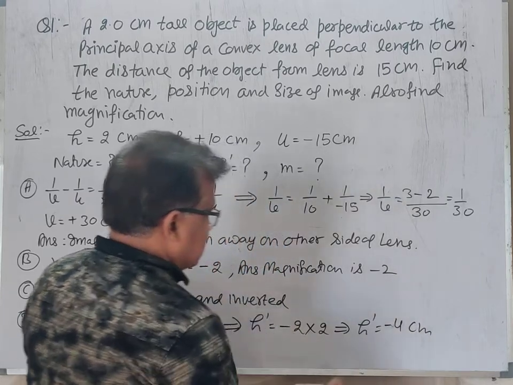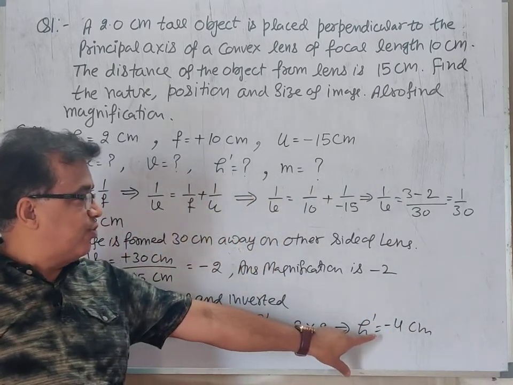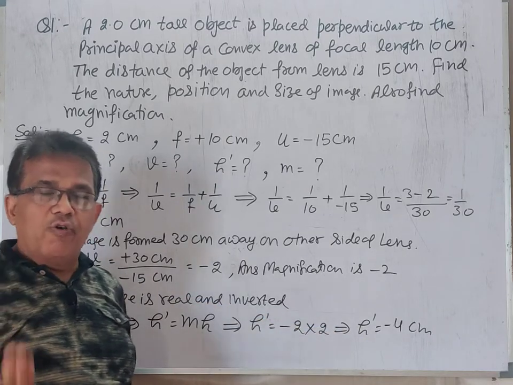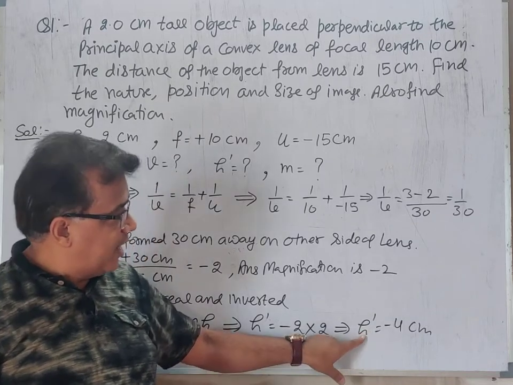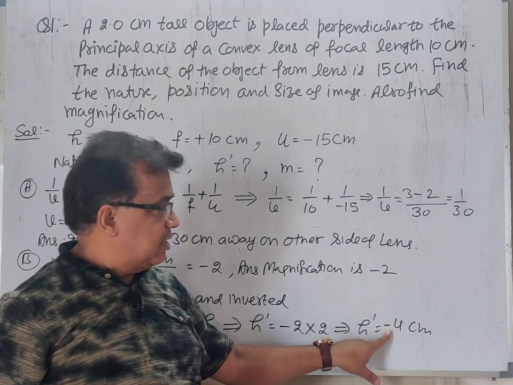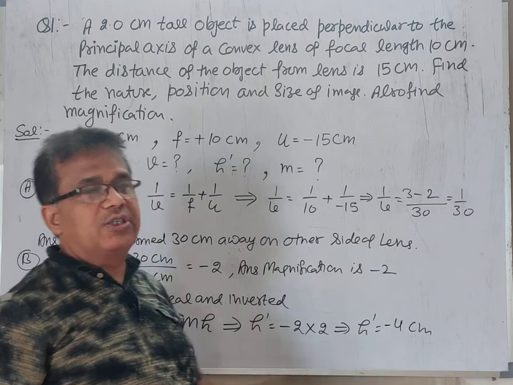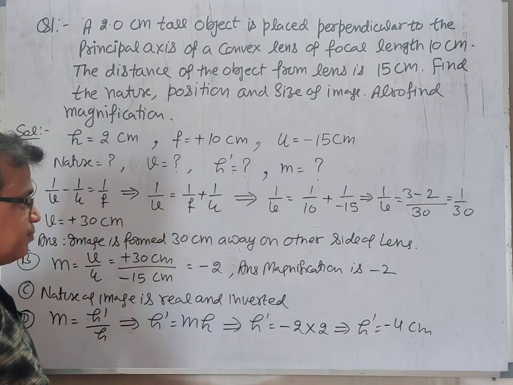Now this h dash equal to minus 4 doesn't mean the height of the image is minus 4, that is lower than 0, because it can't be lower than 0. This shows that the height of the image is 4 centimeter and the minus sign shows that it is inverted, and because it is inverted, therefore it is real, which we have already decided.